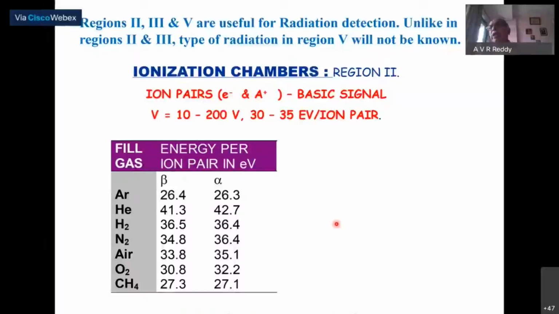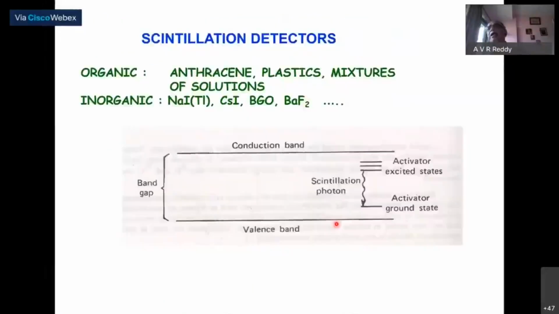We leave that there, and the other two detector types you have to read for yourself. Just to give an idea, I gave the ionization chamber. Now let us move on to the scintillation detectors. The name scintillation means that it is giving a scintillation, a flash that can be seen.